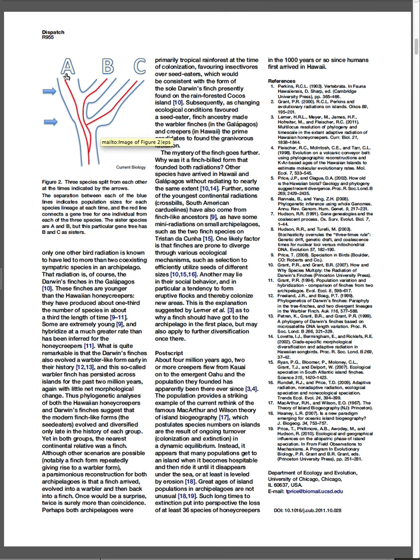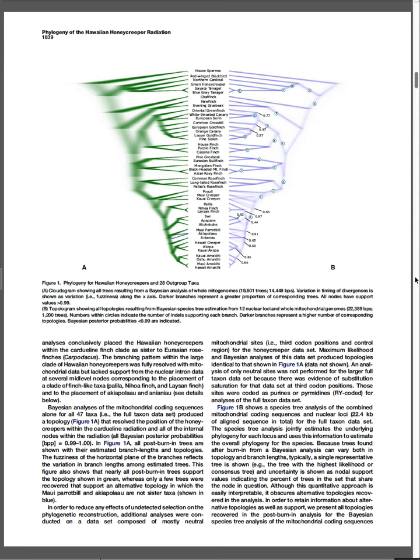So going through here, in this figure, we talked briefly in class about the idea of a cloudogram, and this is the type of analysis I did. It doesn't return a single best tree. It returns many trees that are almost equally likely.